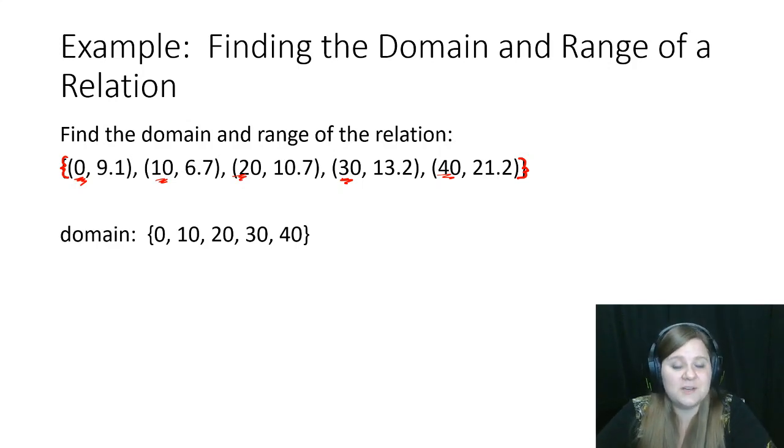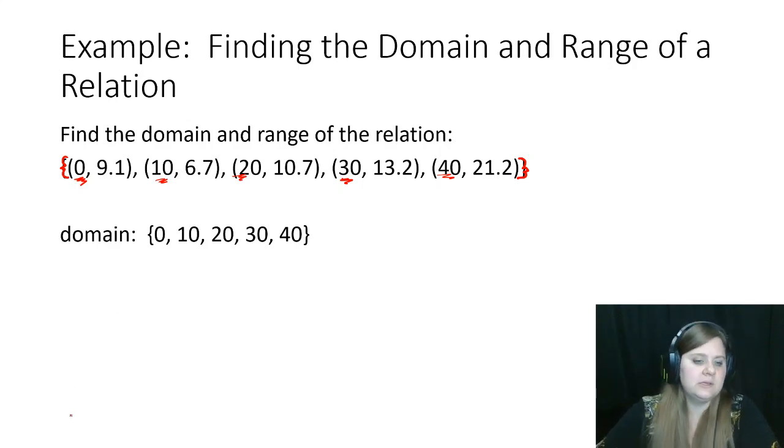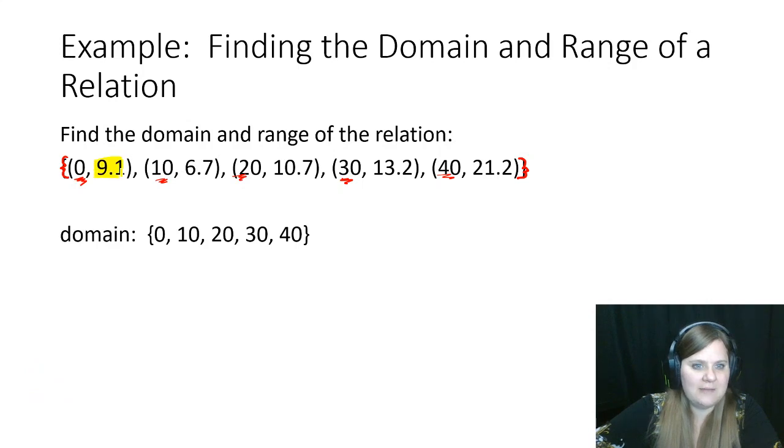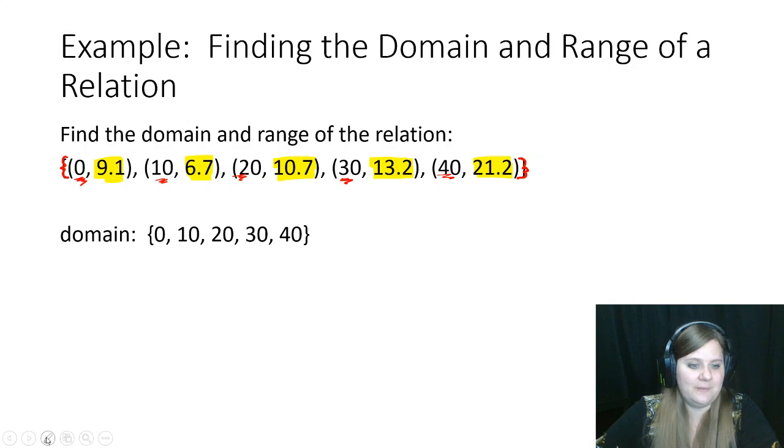On the other hand, our range is going to be made up of our y values, or our outputs. You'll notice those are not currently in the correct order. So we want to start by finding the smallest value.